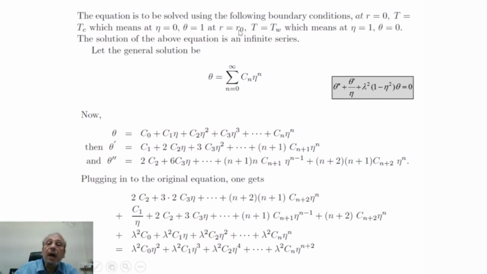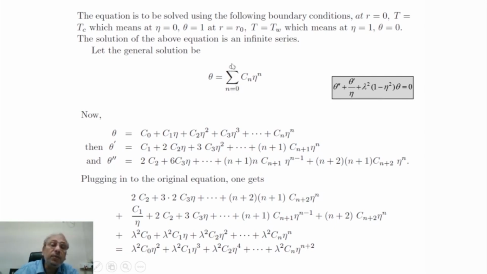At r equal to r naught, T equal to Tw, so at eta equal to 1, theta equal to 0. The solution of the above equation is an infinite series and we write that series as theta equal to the sum of Cn eta to the power n, n equal to 0 to infinity.